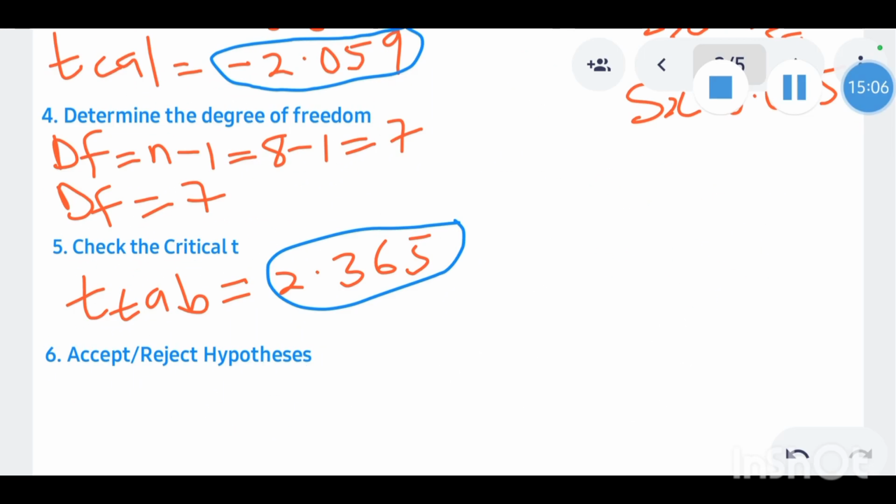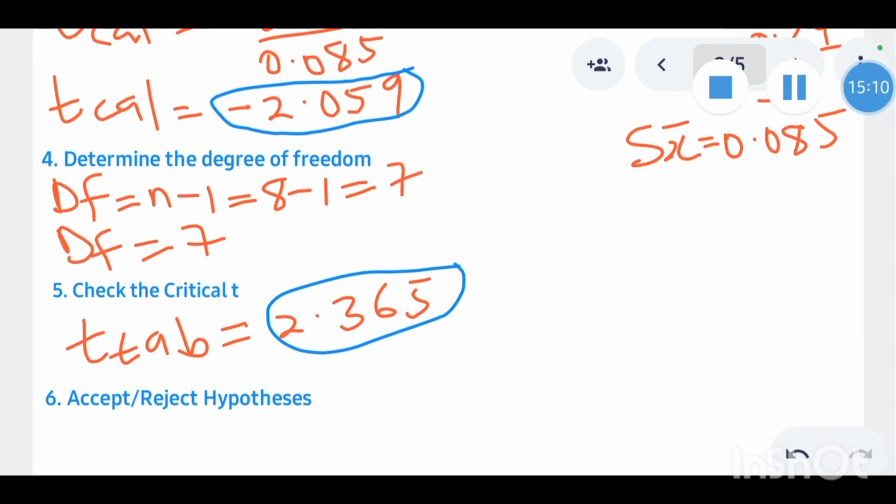The next step says accept or reject hypothesis. Accepting or rejecting the hypothesis only depends on t calculated and t tabulated. The rule is if t calculated is greater than t tabulated, you reject the null and accept the alternative hypothesis. But in this case, t tabulated is greater than t calculated.